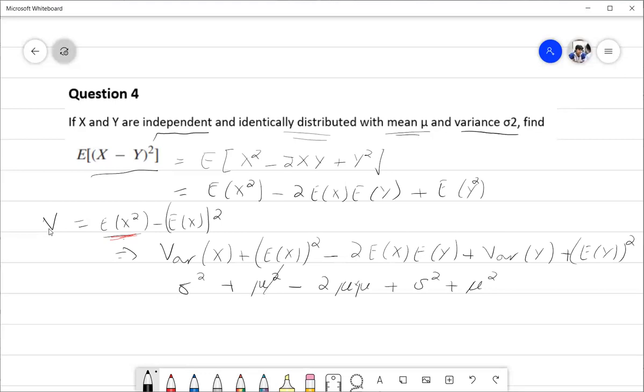So mu square minus 2 mu square plus mu square cancels out. So this will be 2 sigma square. Overall, this term can be simplified into this one only because I can separate them. That's the rule of expectations, where you can separate two variables if they're independent. Like E of x and y can be converted into expectation of x into expectation of y if they're independent.